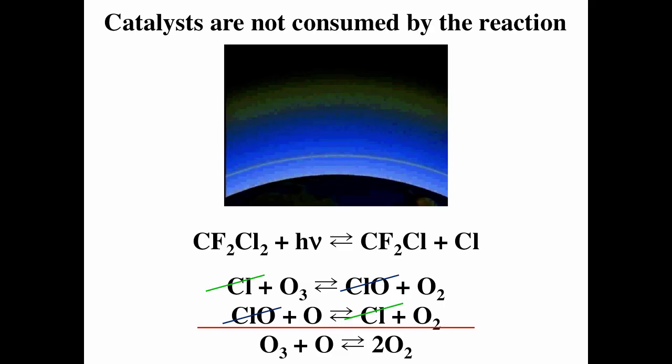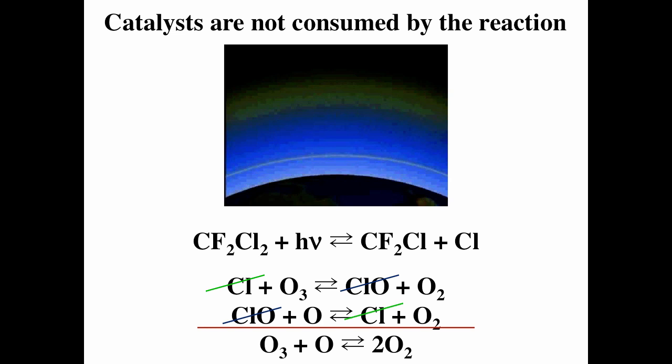There are also some natural catalysts. Enzymes are a natural catalyst in biological systems. Here we have chlorofluorocarbons. When they are hit with light, they can break that carbon-chlorine bond, giving you the chlorine atom. The chlorine atom can then act as a catalyst for the destruction of ozone.